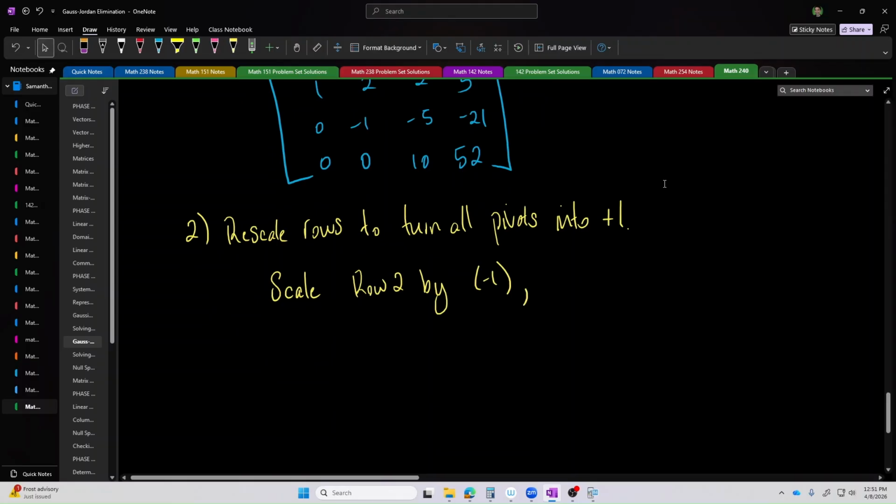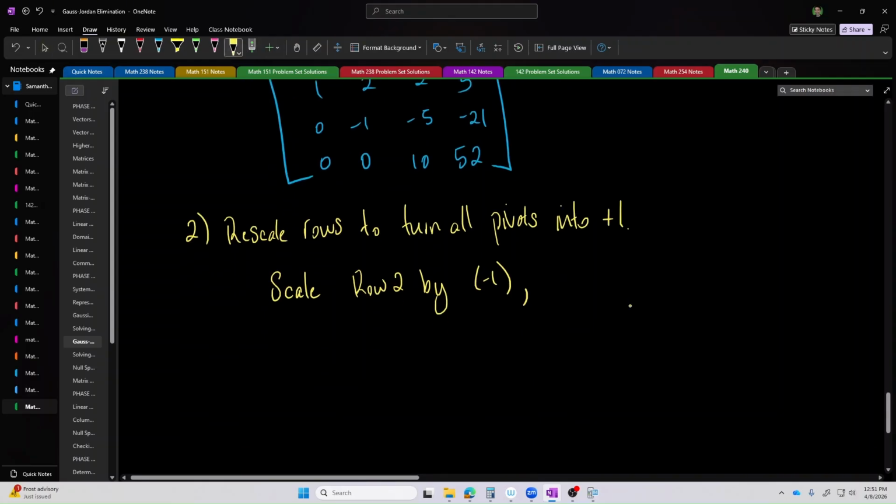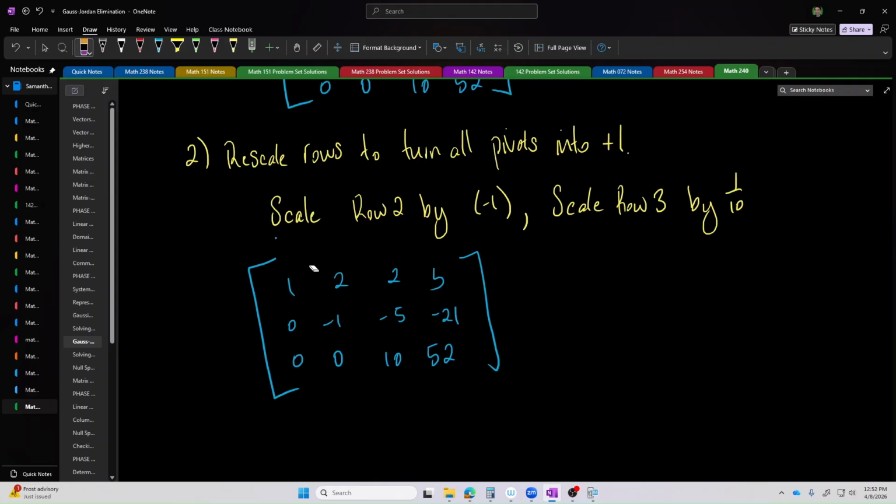Additionally, if I want to deal with this pivot 10 in the third row, then I would have to divide by 10 to turn that into a 1. So I will go ahead and at the same time scale row 3 by applying 1 over 10. If I scale the second row by -1, that's going to have the effect of flipping the signs.